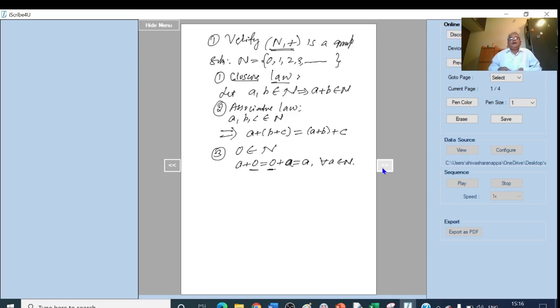The identity is also there in N. This is the third one, the identity axiom. Three axioms are satisfied.